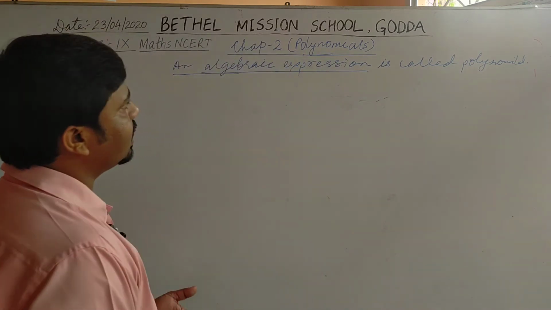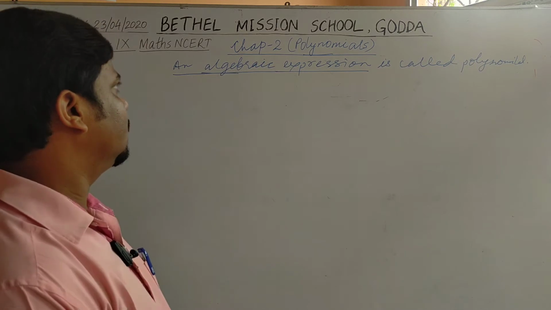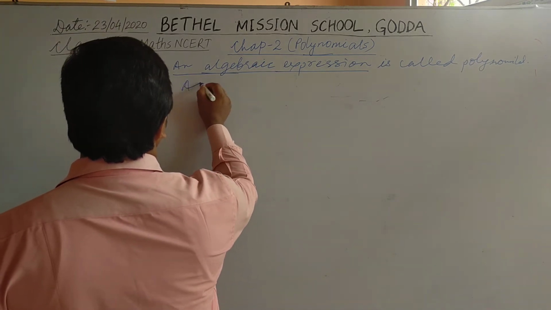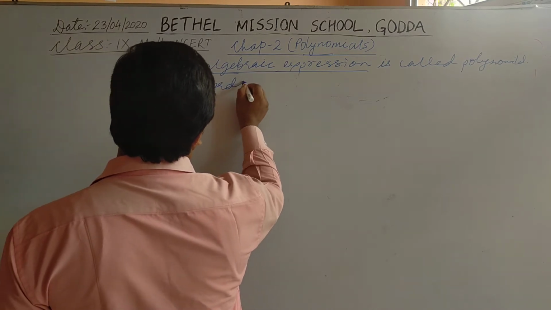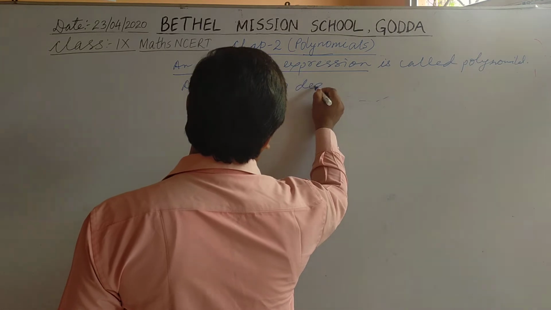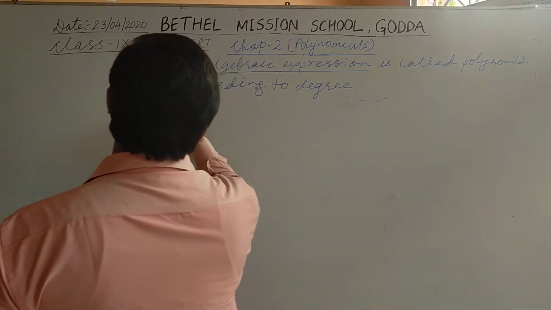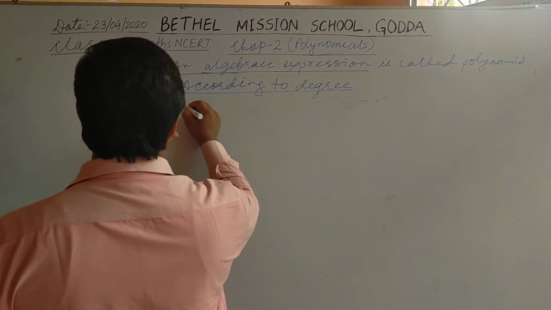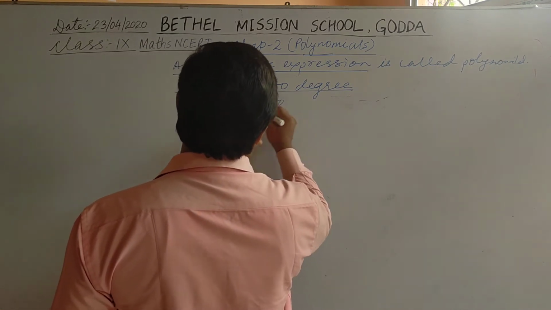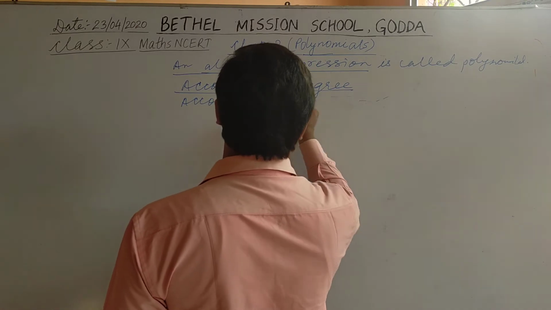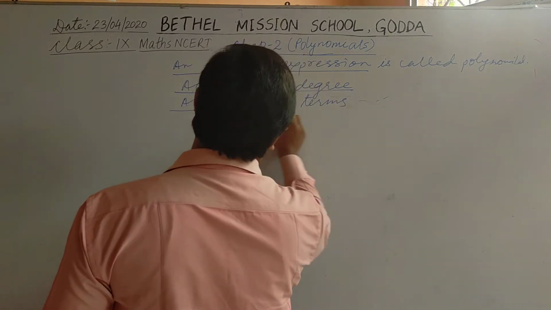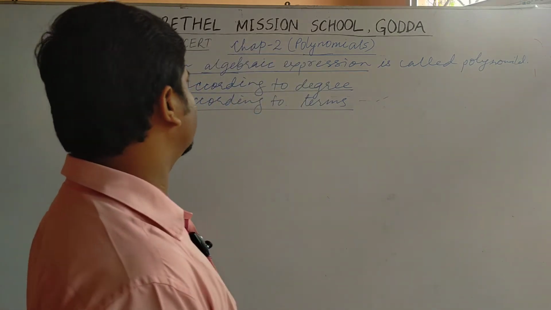So we have to understand there are some types of polynomials also according to degree and according to terms.